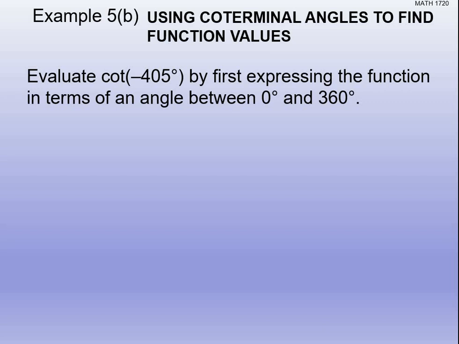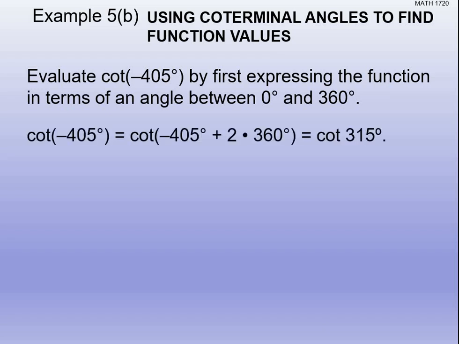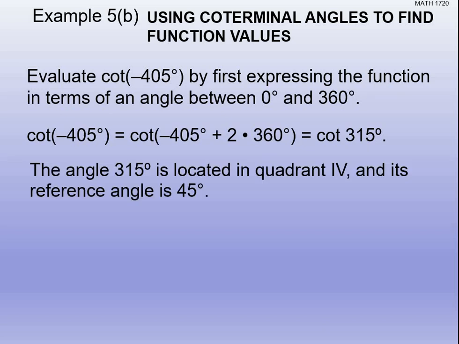That means we do a complete circle, 360, and then the difference between 360 and 405 is 45 degrees. So we are going to end up in the fourth quadrant. When we end up in the fourth quadrant, our reference angle is 45 degrees. That makes it nice and easy. We already went over the 45, 45, 90 triangle. It's a 1, 1, square root of 2 triangle. Both legs are 1.